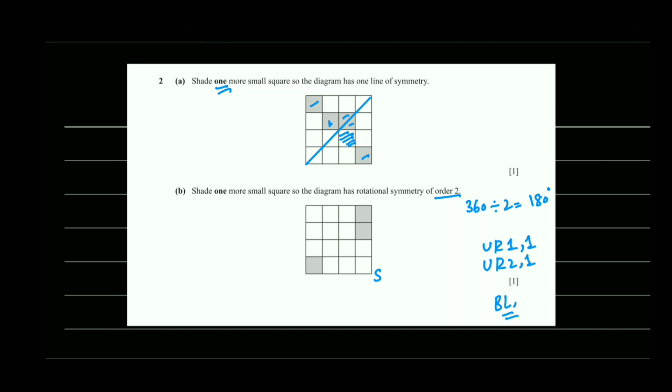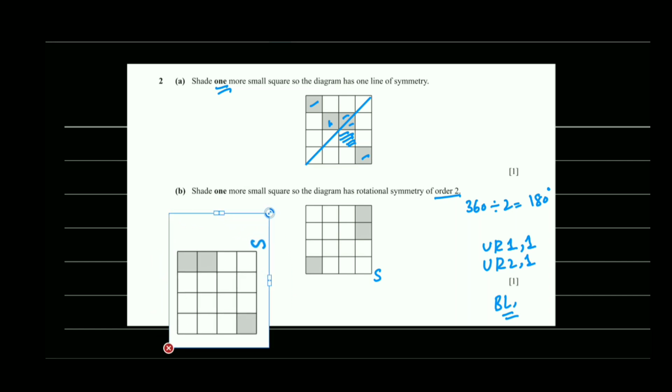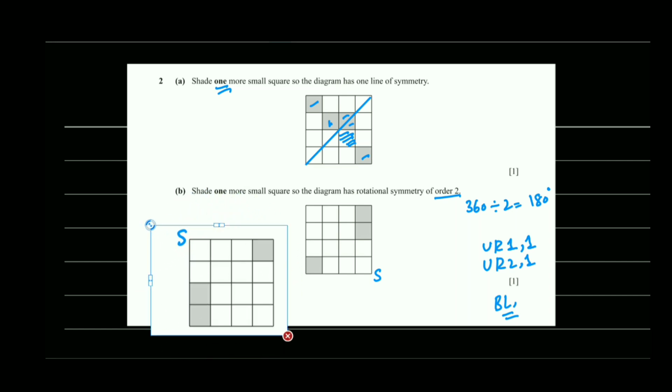Now you have to start rotating. How do you start rotating? This is 90 degrees, this is 180 degrees. Now we have to color the required parts. These two boxes were colored, so the last box was also colored.